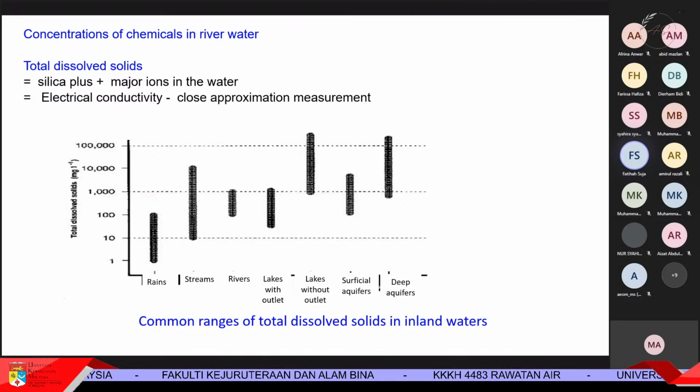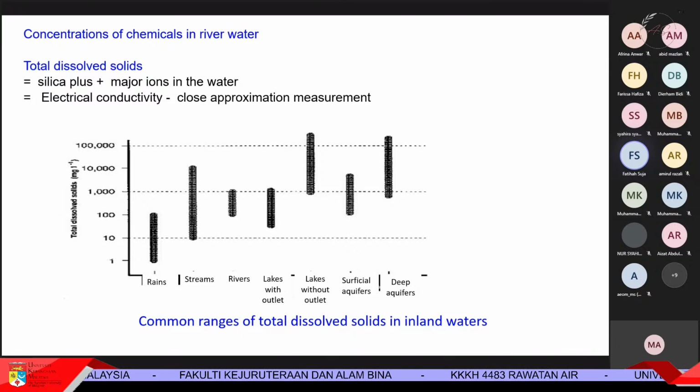Then if the EC is high, and it is not from surface water or from industries, you know that there must be a high amount of silica or major ions in the water. So you need to find out before you decide on the treatment for your source of water.